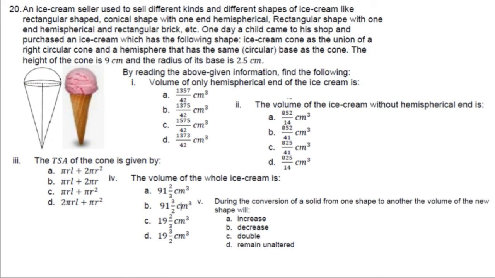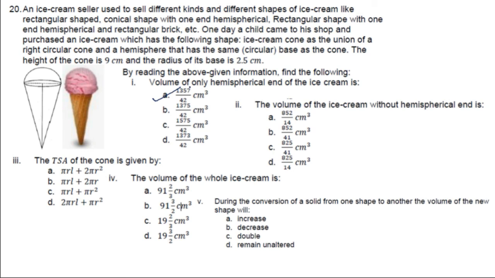Question number 20, it's a little tricky. You need to actually calculate the answers here. I'll just give you the answers. You can cross check whether the answers given are right or wrong.